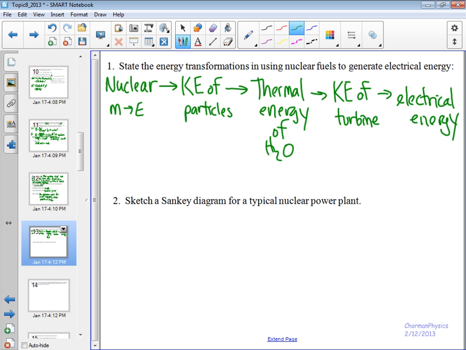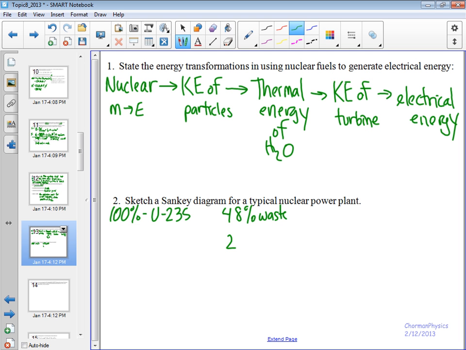If we sketch a Sankey diagram for that, it would be good practice actually if you guys did this, but we'll go over it in class. 100% incoming, we can say uranium fissionable energy into uranium-235. About 48% is waste heat.